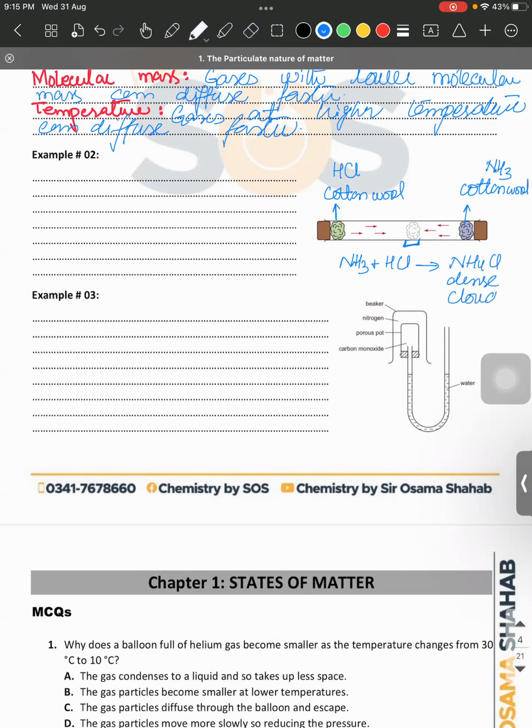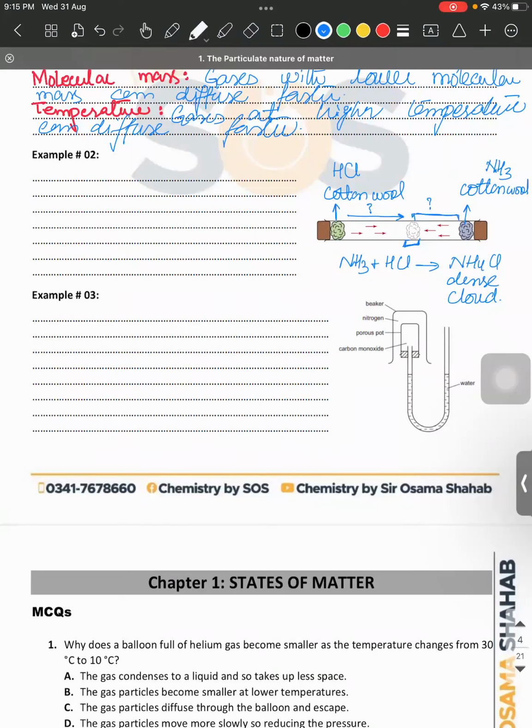So the question is why the dense cloud is forming near ammonia and away from HCl. This is the question. Why is the dense cloud of ammonium chloride forming away from hydrochloric acid and near to ammonia? So it is simple.